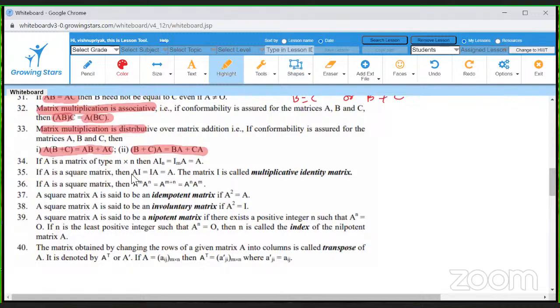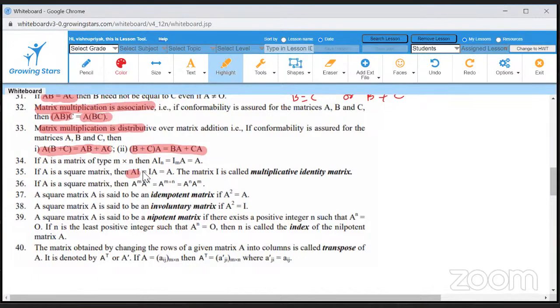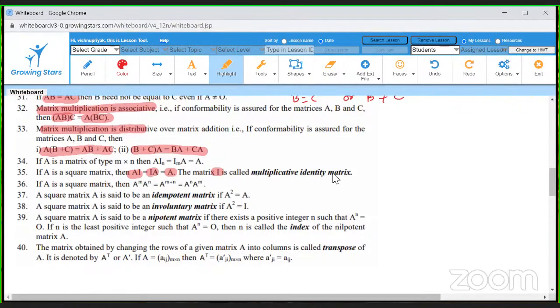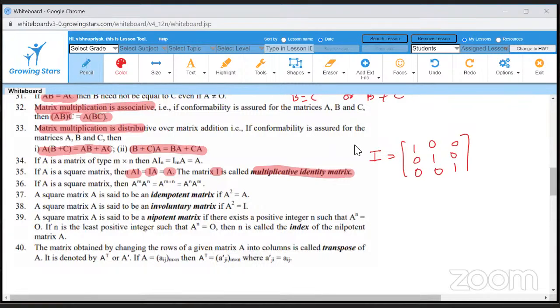Then if AI is equal to IA is equal to A, I is called multiplicative identity. I is a unit matrix. I will be like this: 1, 1, 1 on the diagonal and 0 elsewhere. It is called multiplicative identity.